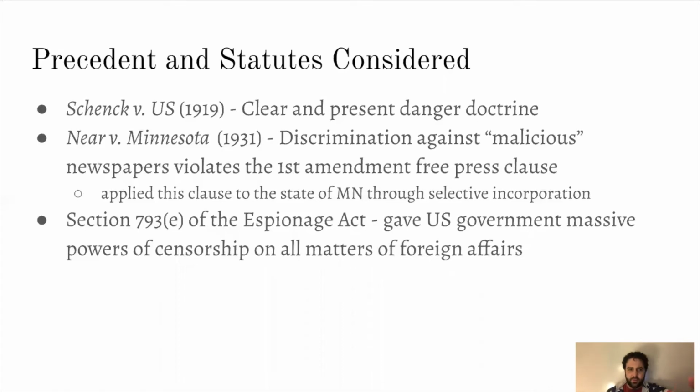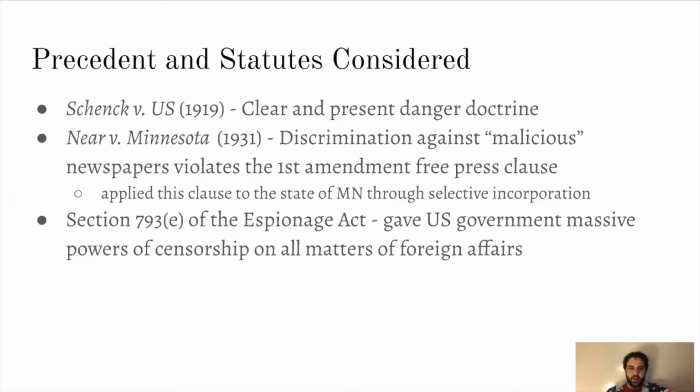They also looked at Near v. Minnesota from 1931, the case that incorporated the First Amendment freedom of the press to the states, and in which the court at that time upheld the ability of papers to take actions that government officials thought hurt them.